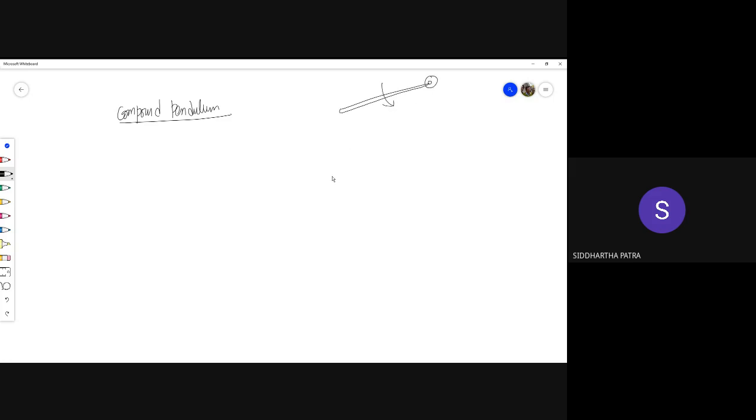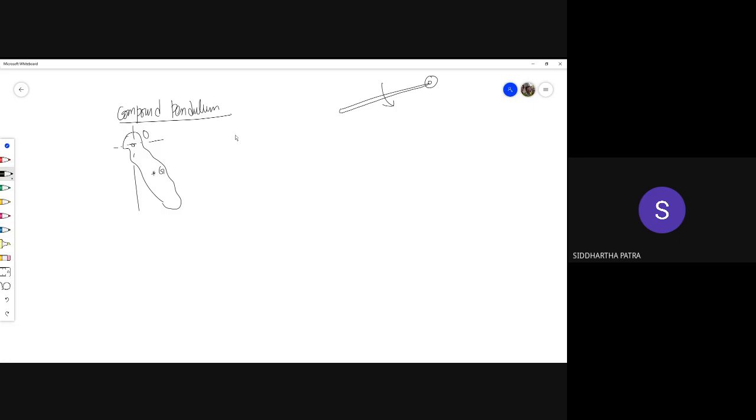And now imagine a geometry of arbitrary shape. O is this pivot point, and G is this center of mass.